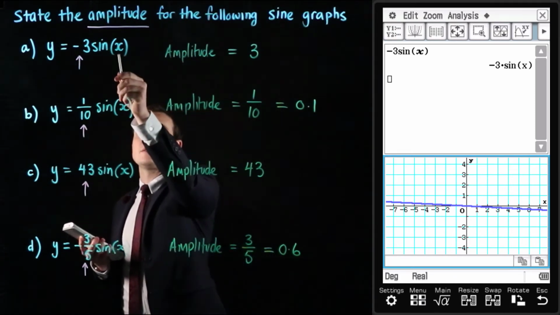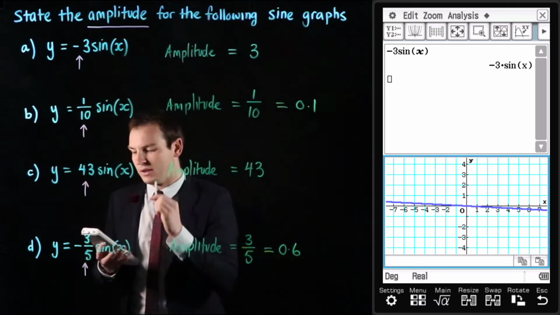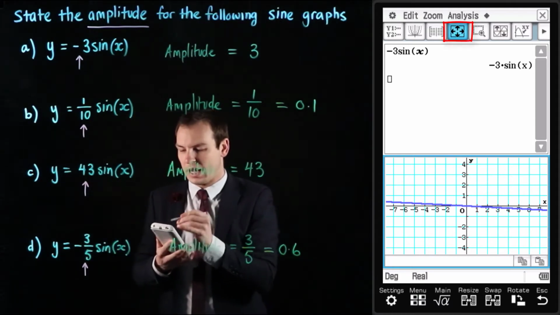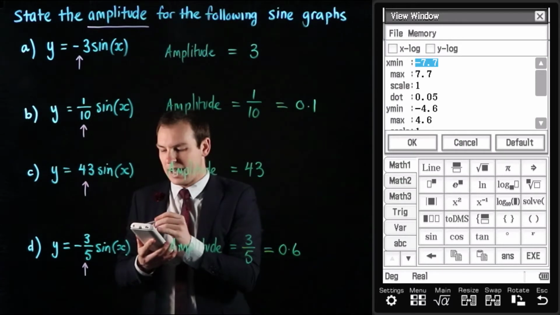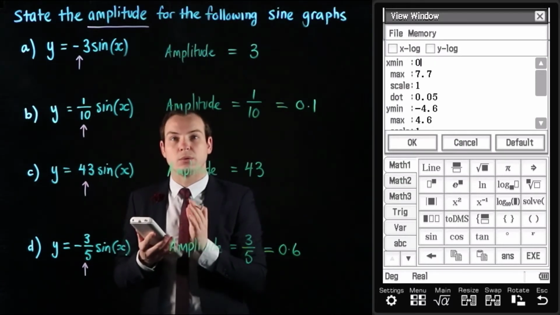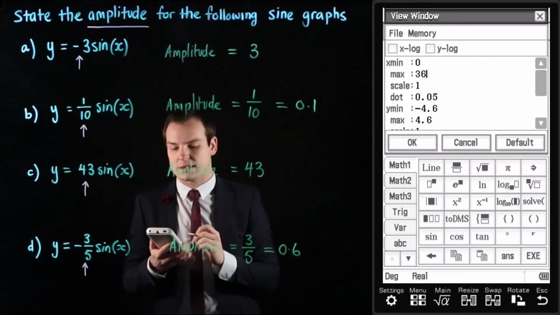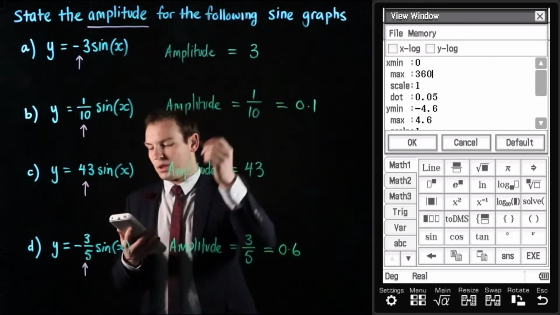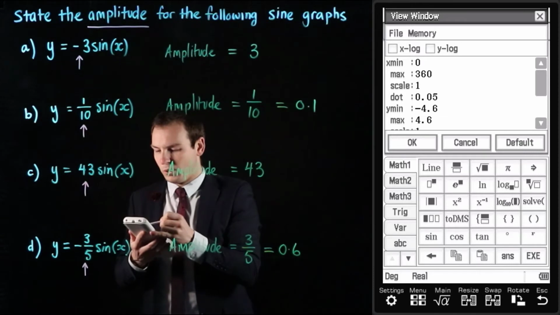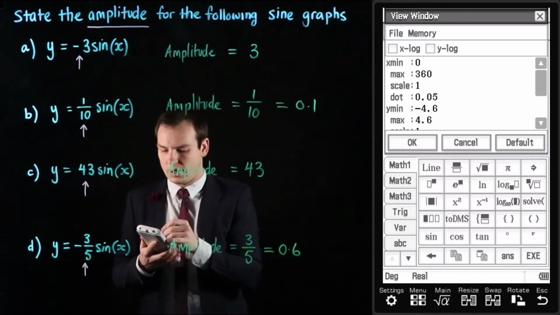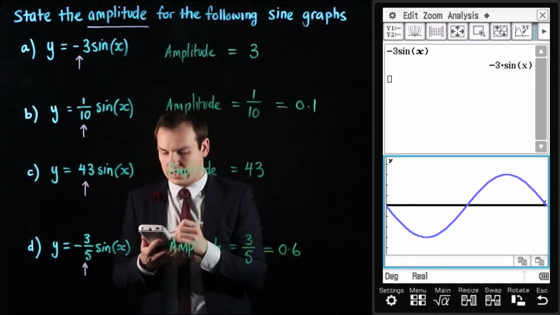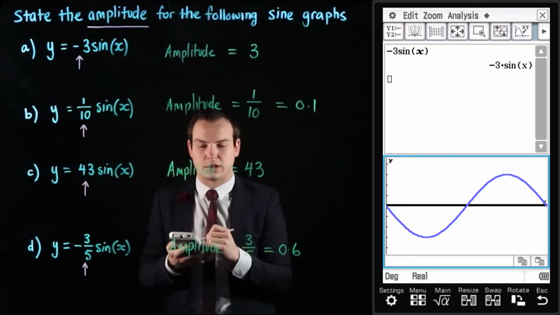So because all of these are just sine of x, we want to click on these 4 arrows, and we want to change the x minimum to be 0. That's where we'll start our graphs. And we want to change our x maximum to be 360. And because the amplitude's 3, going between -4.6 and 4.6 is fine. So I'm going to hit OK, and that now gives us a much better look at the graph.